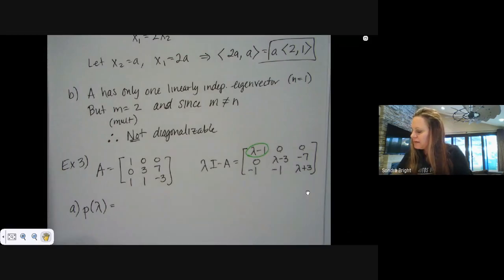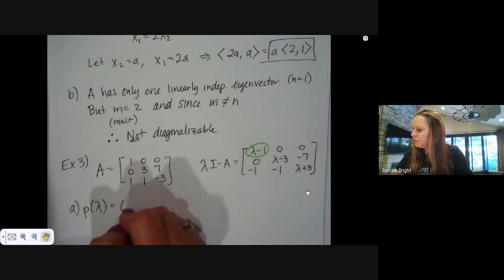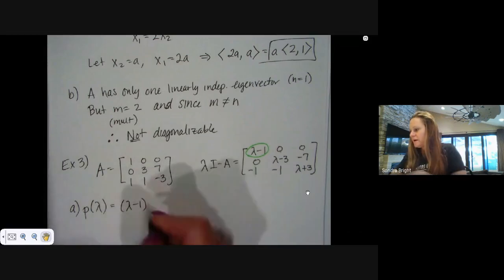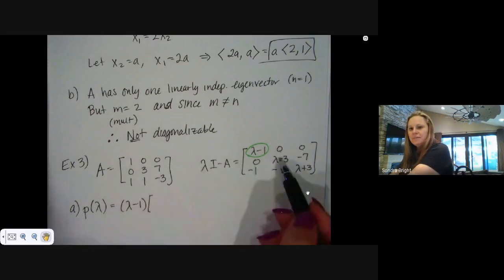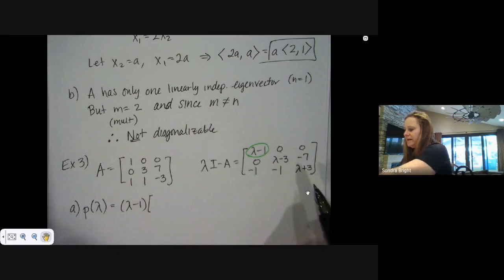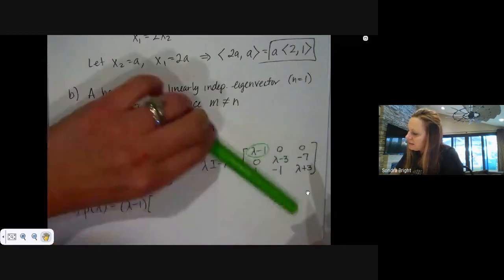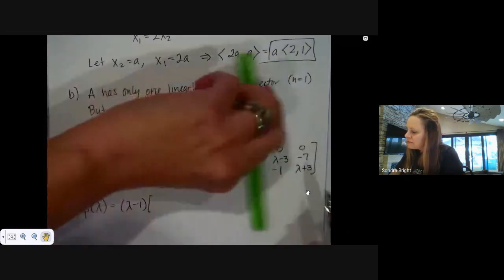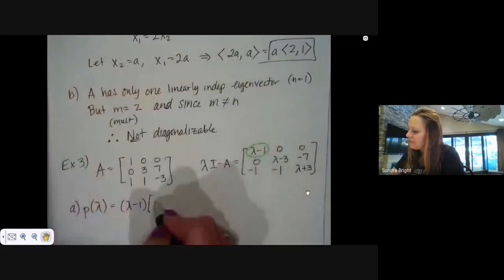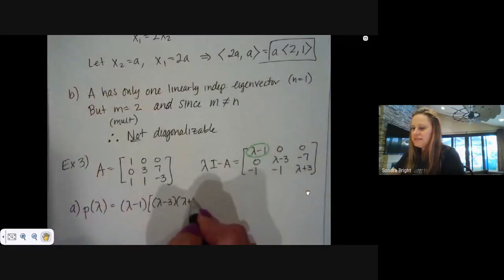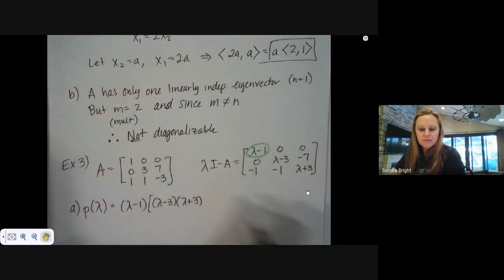Famous last words, right? Okay, so we got lambda minus 1, and then times, I would multiply down, so I'm ignoring the top row and that column. So we'll have lambda minus 3 times lambda plus 3, and then minus negative 7 times negative 1, so a positive 7.